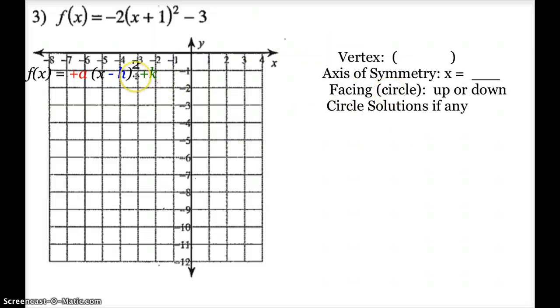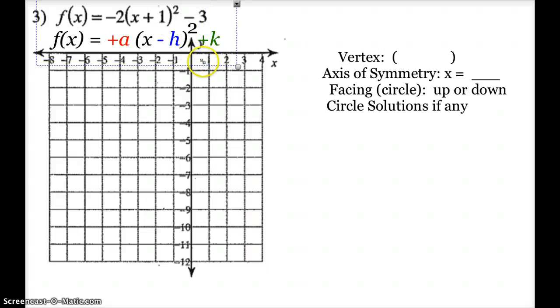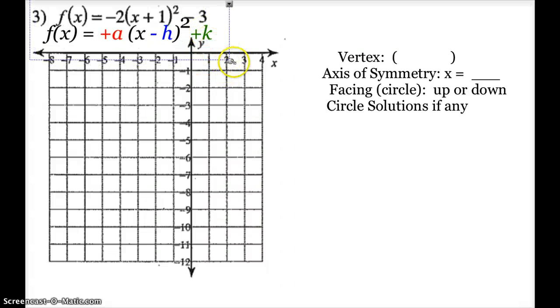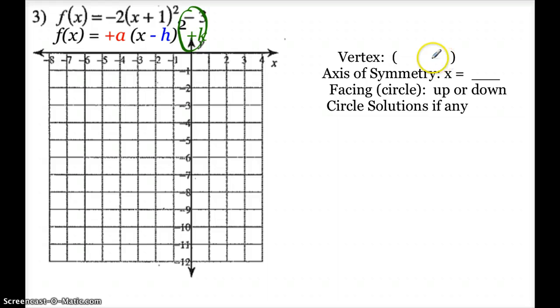Okay, vertex. Here's my formula. I'm still debating if we're going to derive this formula or if we're going to do that in Algebra 2. So for now, we're not going to worry about it. It is a freebie equation. Here's your k value, which is going to be -3. Here's your h value, which is the opposite of this +1, so -1. Here it is, -1.